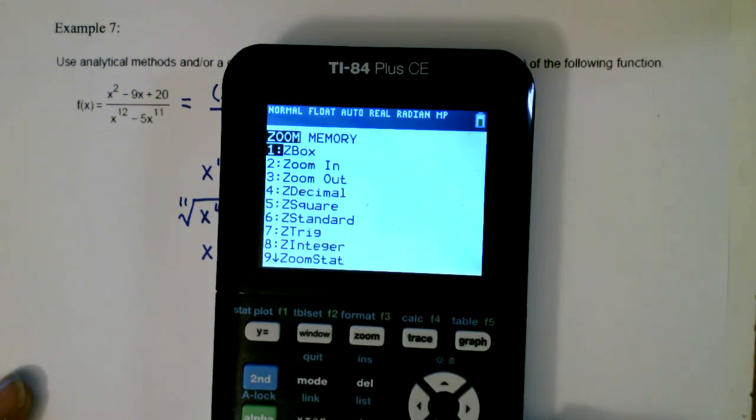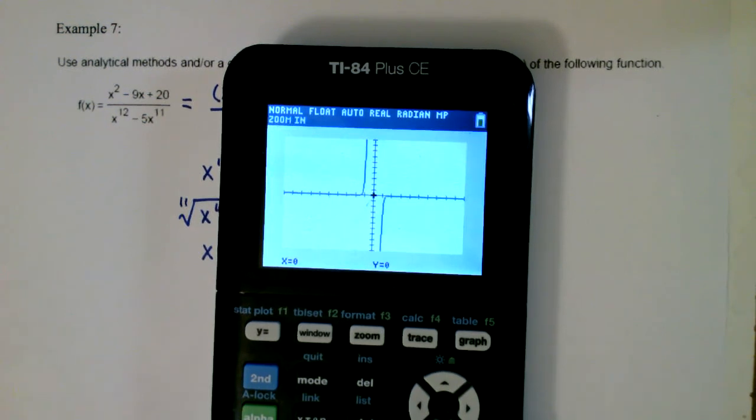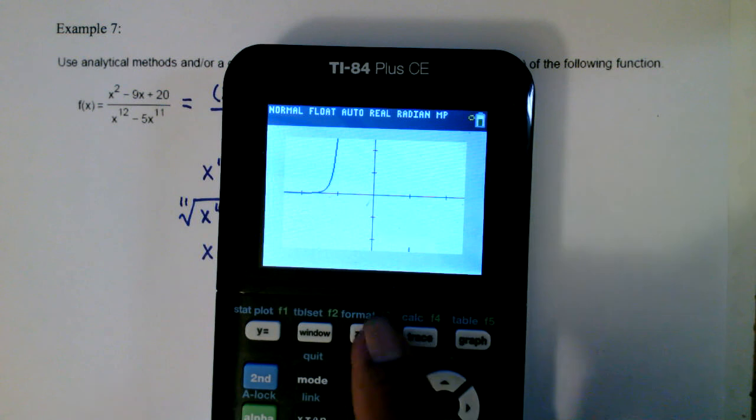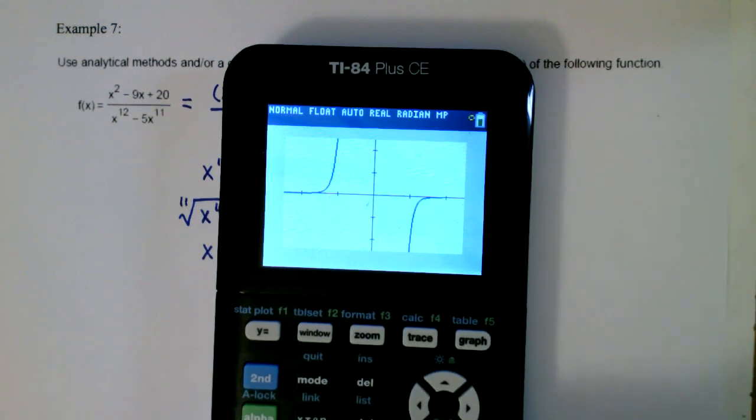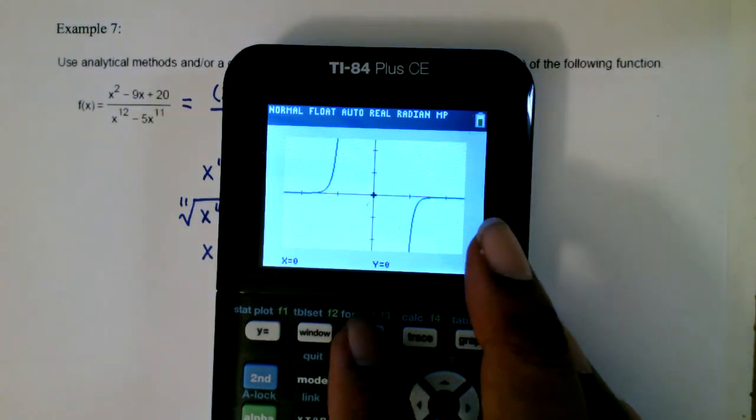Or I can do this, zoom in. Let's see if I can get a better look at this. Okay.